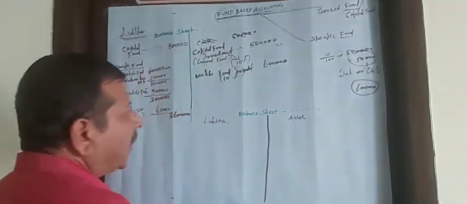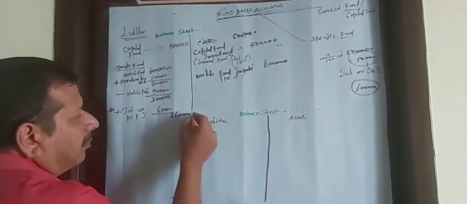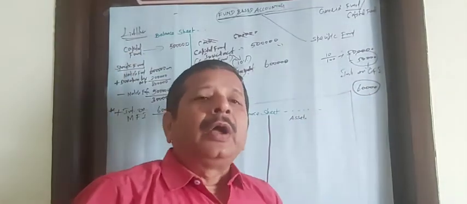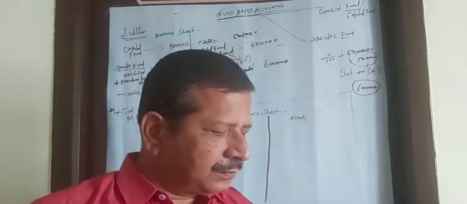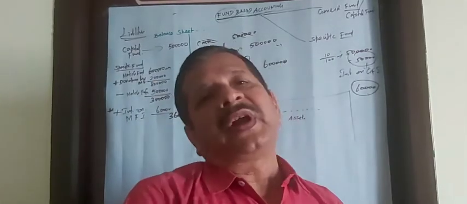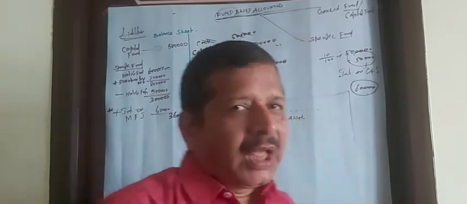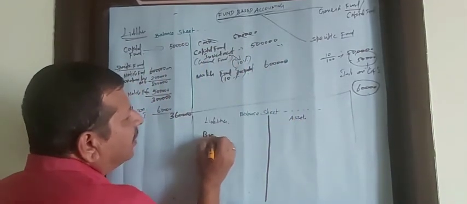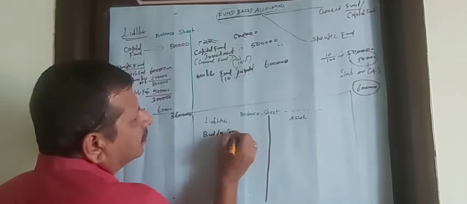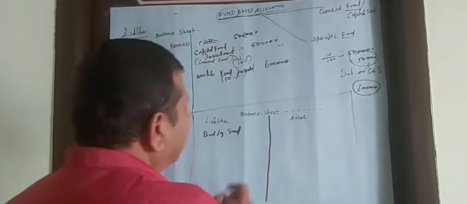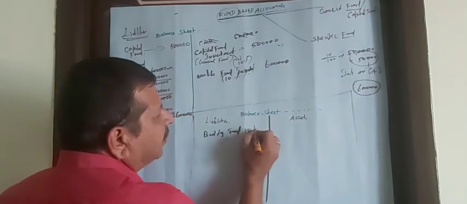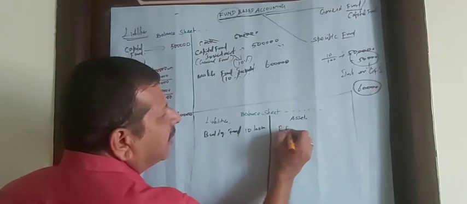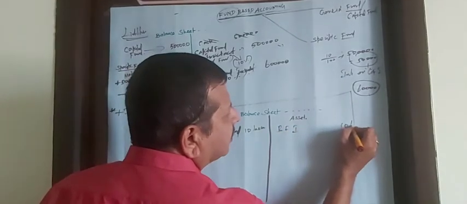Then, why I have given this separate thing is, you should be very careful regarding one fund, the building fund. The building fund will be on the liability side, you know very well. Building fund 10 lakh rupees are there, building fund investment here 10 lakhs.